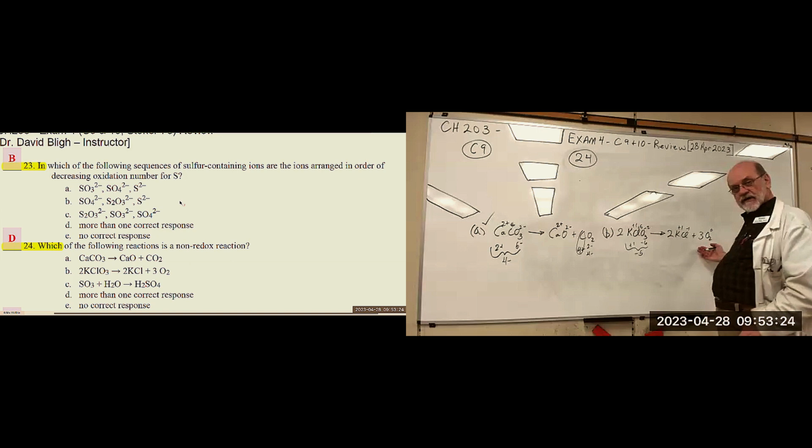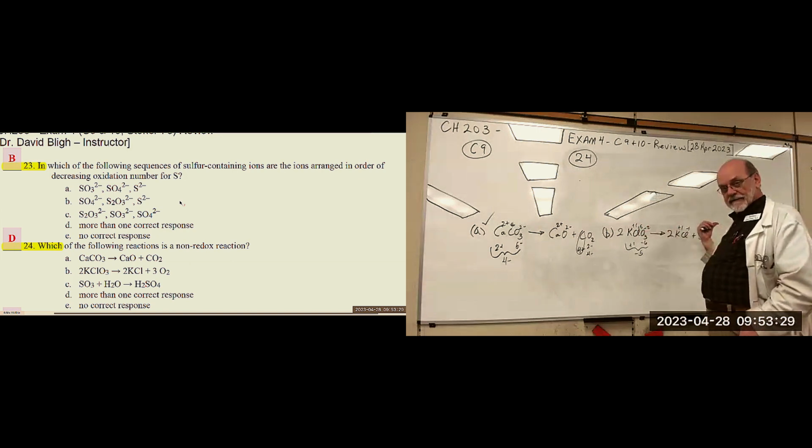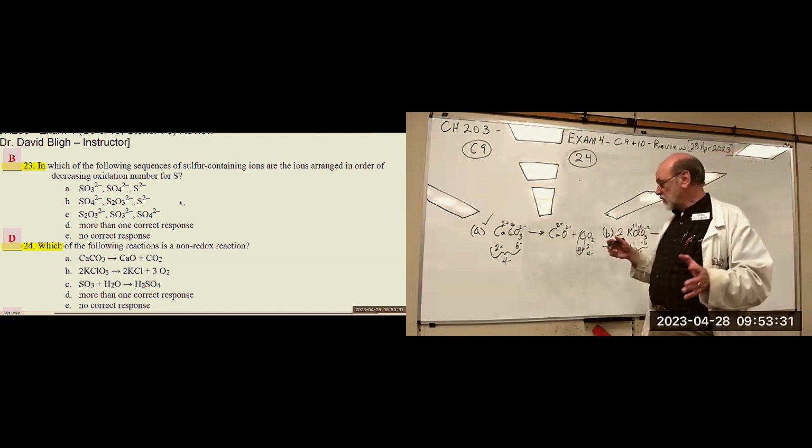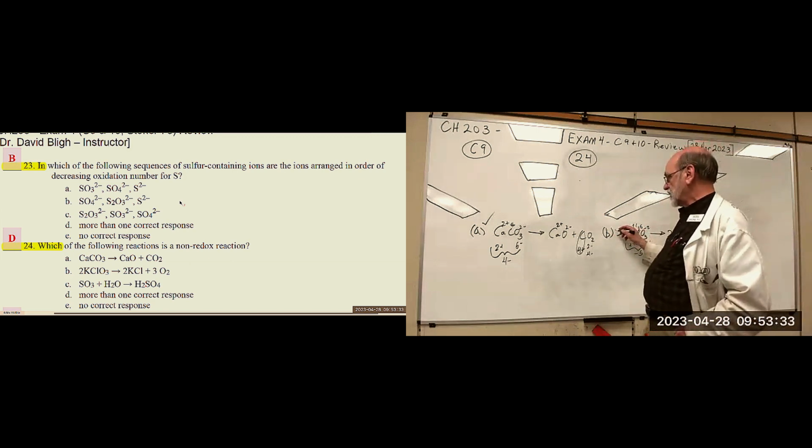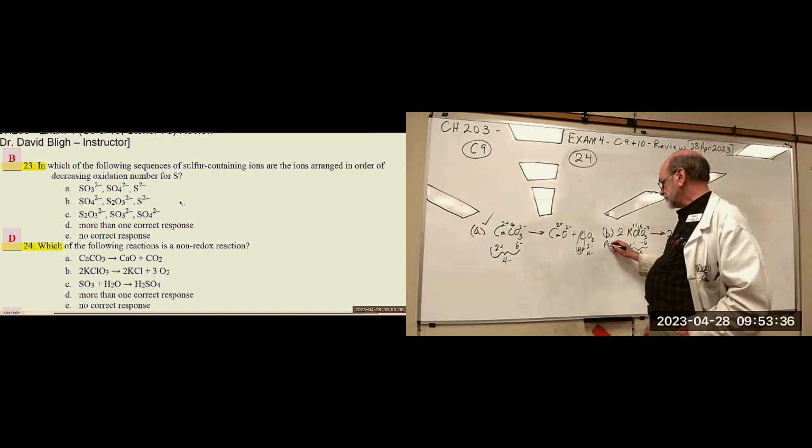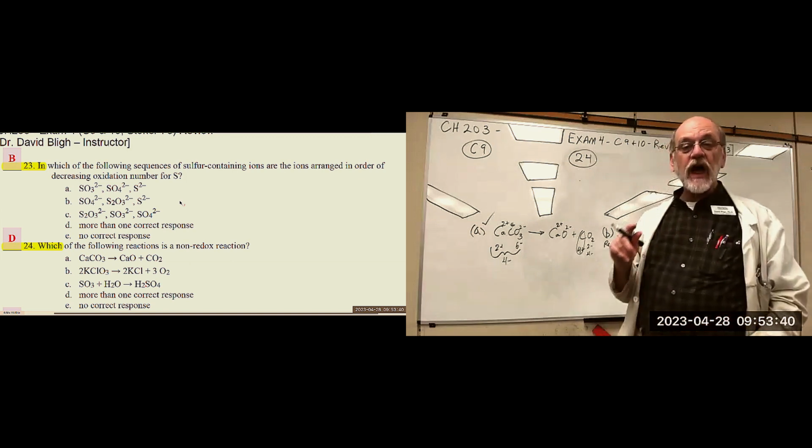If the element's on this side and it's in a compound on that side, same thing. So either way, we can produce this one as a redox. So that's not what we're looking for, we're looking for non-redox.